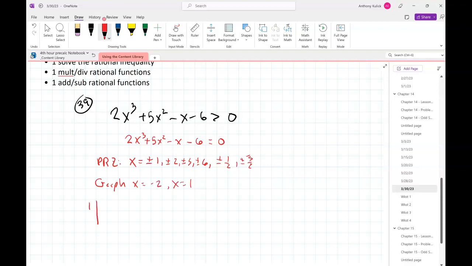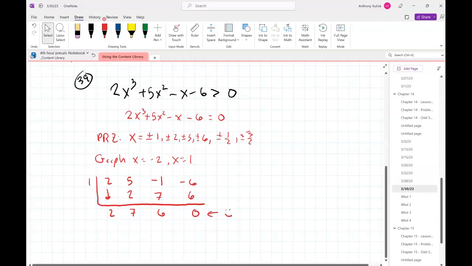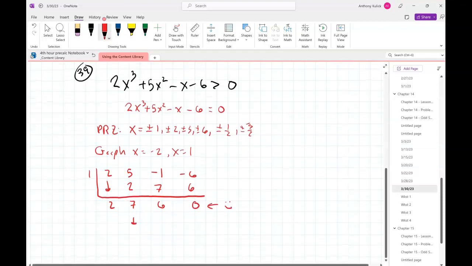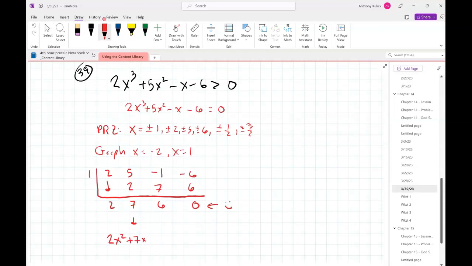So let's just say I start with +1 because it looks like the most convenient one to use. So start my synthetic division. So that works. So I can take 2x squared plus 7x plus 6 and set that equal to 0.